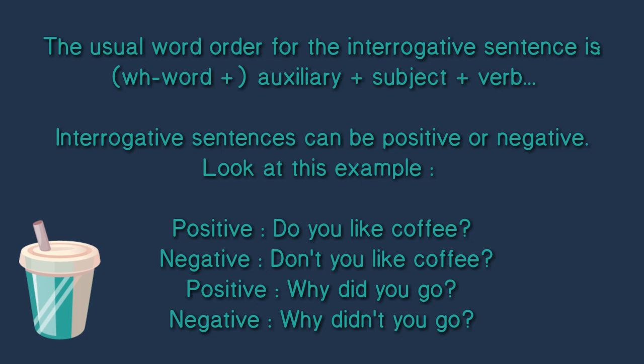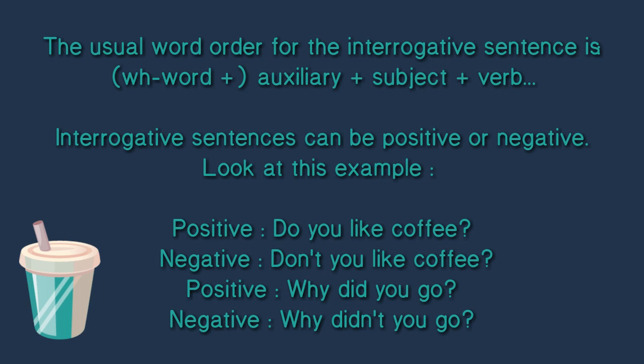Okay, then next sentence, look at the next example. Why did you go? It's a WH question sentence. So at first the WH question word is written. Why? Then auxiliary did, then subject, then verb.